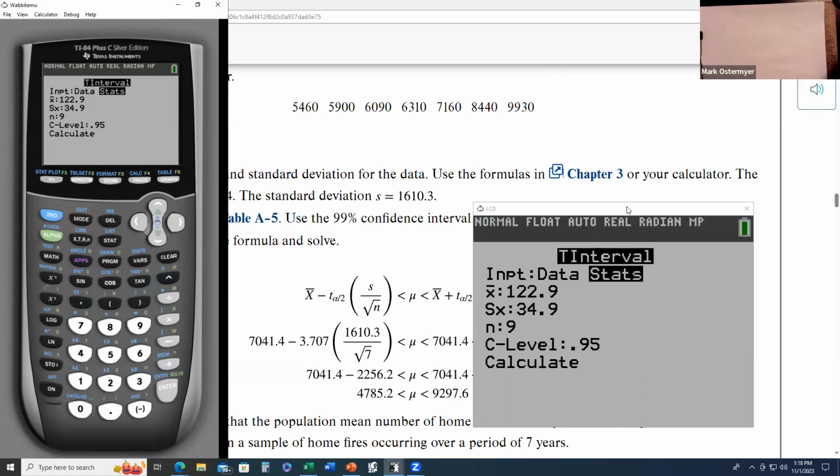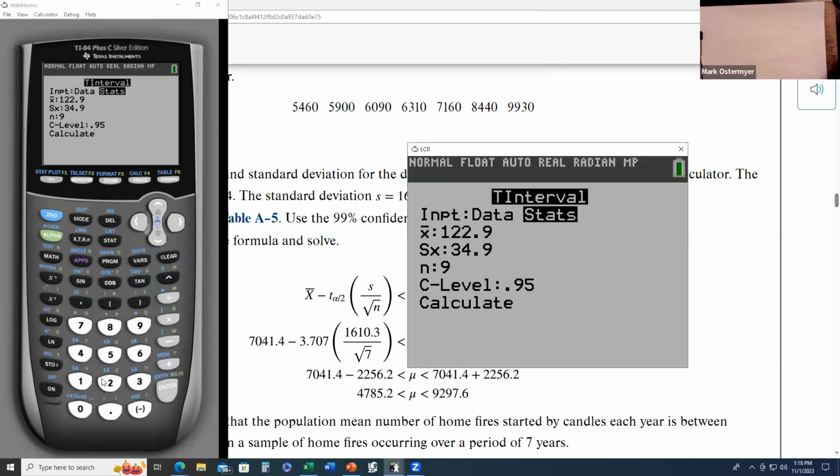Oh, 7,041.4. The sample standard deviation is 1,610.3. The sample size was 7. The confidence level is 99%, 0.99.